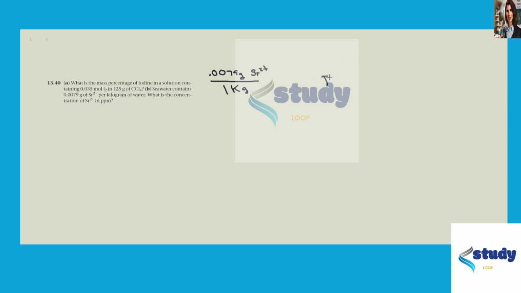Can anyone tell me what ppm is? Parts per million. So, if we want to convert into ppm, parts per million, we're just going to use a conversion factor. All parts per million are is mass of solute over mass of solution.